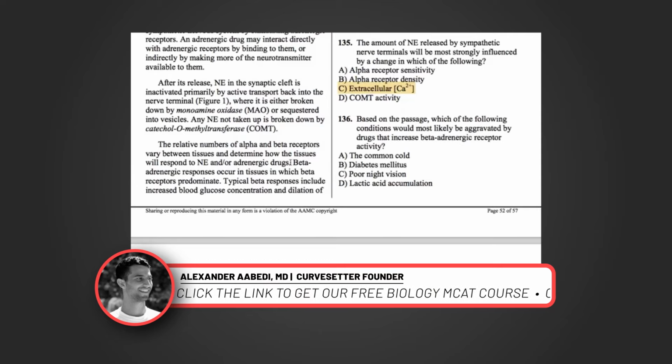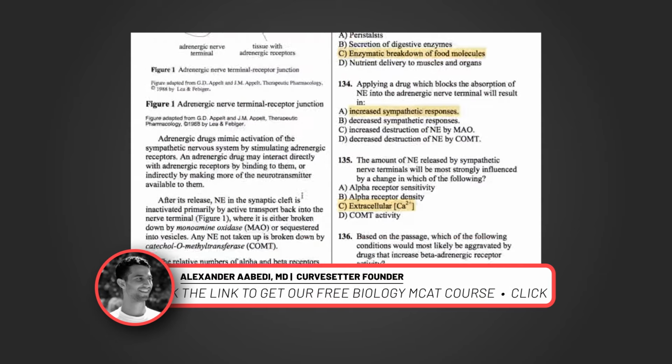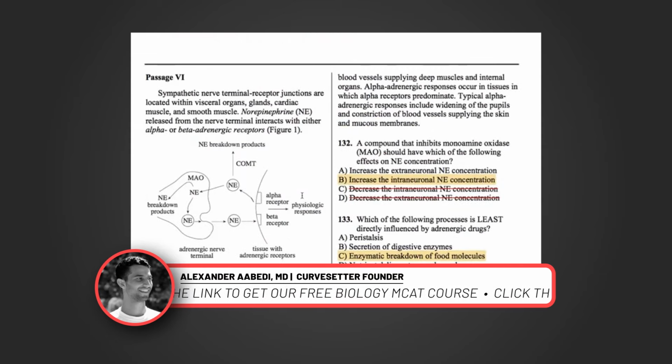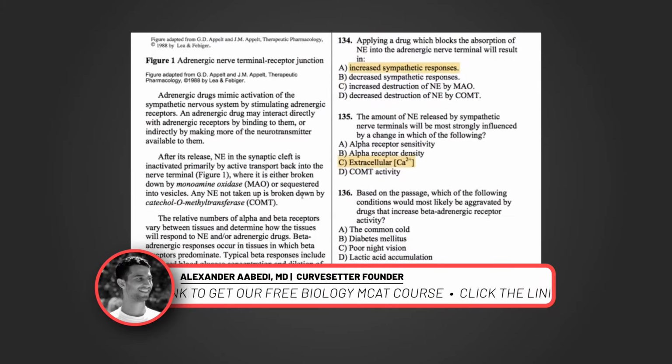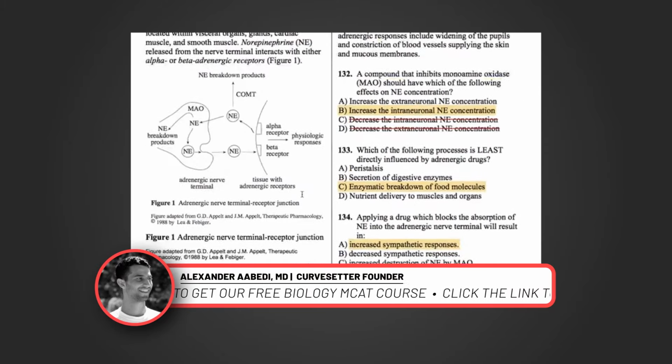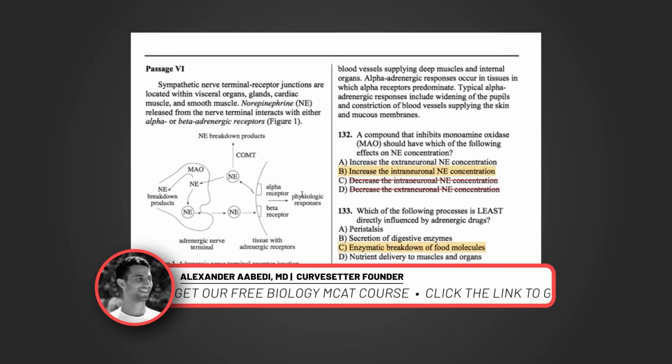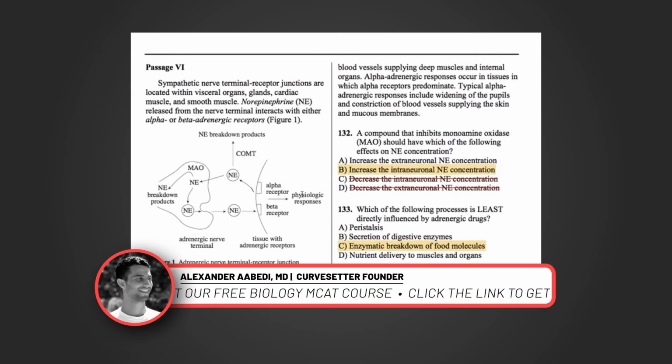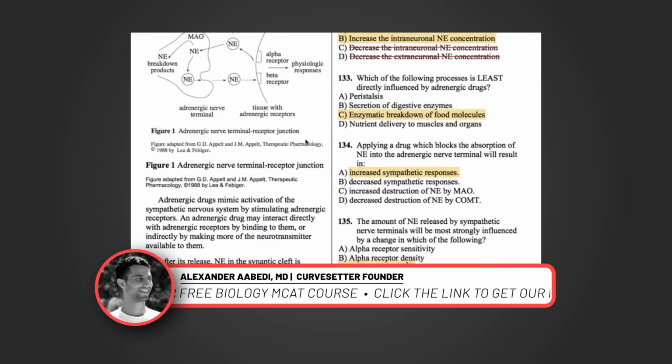So it looks like it says beta responses are increased blood glucose and dilation of blood vessels supplying deep muscles and internal organs. So at face value, I don't know what kind of pathology is associated with getting more blood to muscles and internal organs. I would generally think that's a good thing.